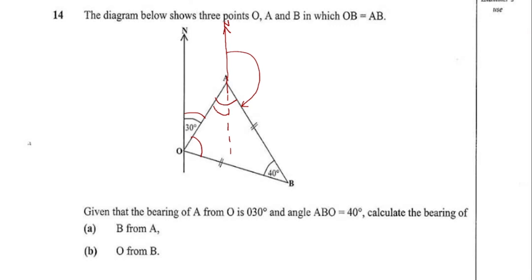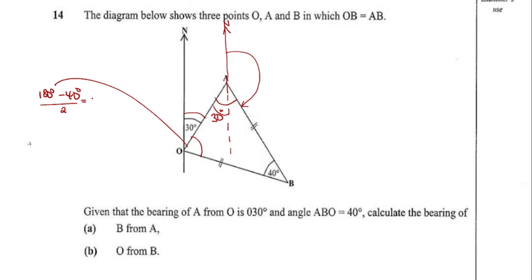So if that's a 30, how do we find our bearing? Since two angles are equal in this triangle, the angle at A and the angle at O, how do we find this angle? We shall say 180 minus 40 degrees, we divide by 2.